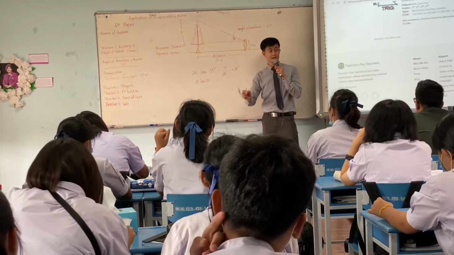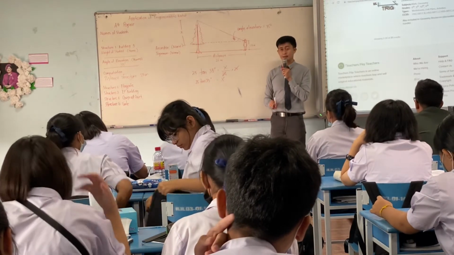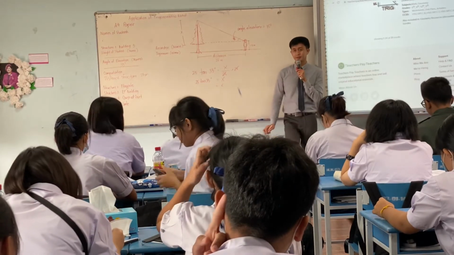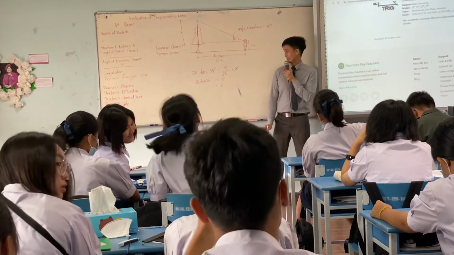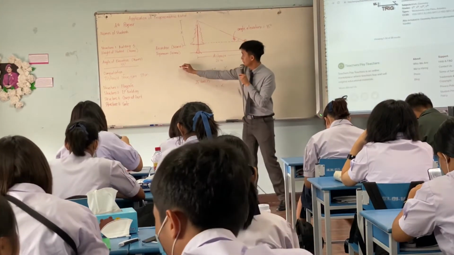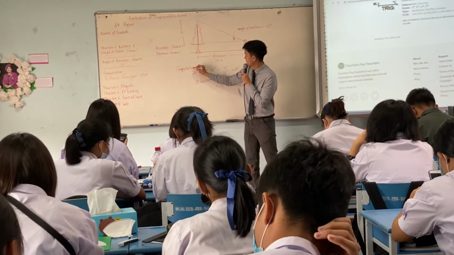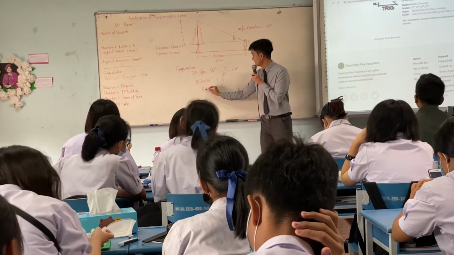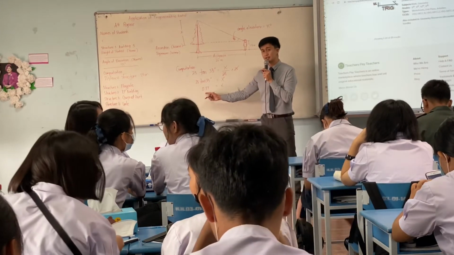35 degrees is not a special angle, so we can use your calculator to find the tangent of it. Please compute: what is tangent 35? This is your computation. It is approximately 0.37.